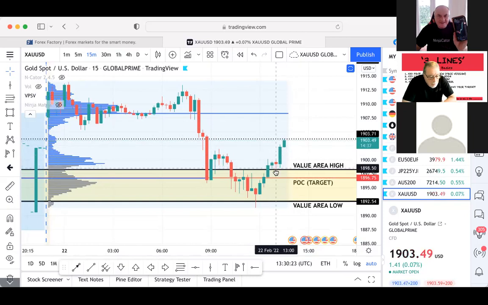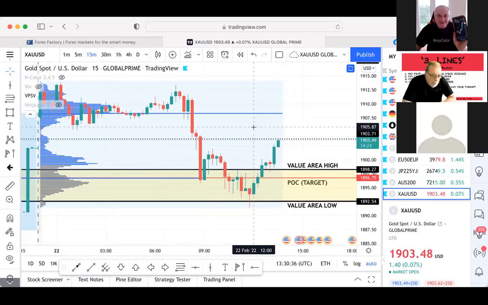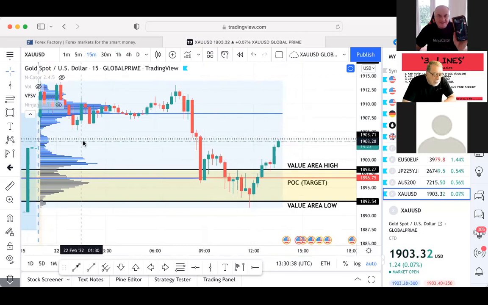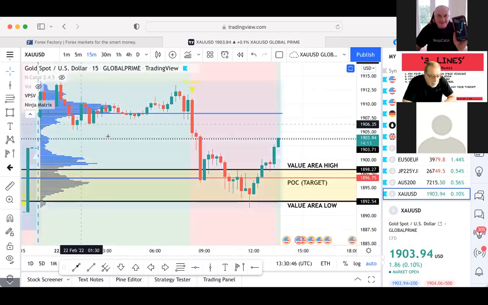So if I was using Anastasia's strategy, I would see that this candle is well away from the point of control. So this is a valid candle to consider getting into a trade. I would then revert back to my 3-line strategy checklist. And to do that, I would need the Ninja Matrix.